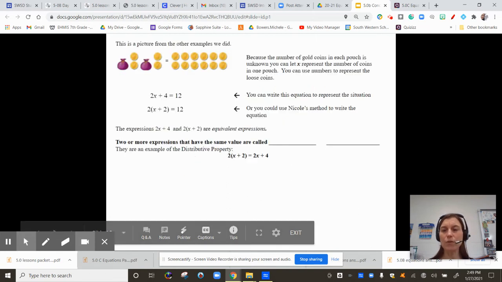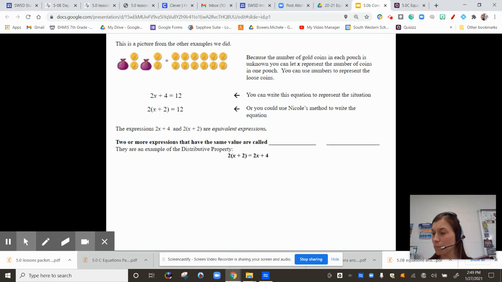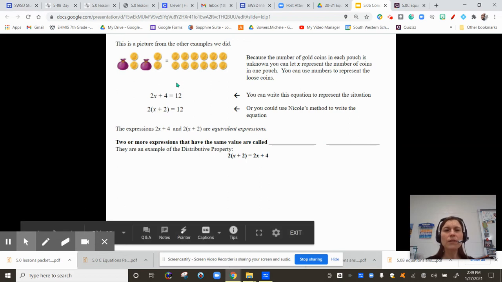Okay, so now we have, that's actually in your packet on page 5. So now we're at the bottom of page 5, and we're going to talk a little bit about this problem here.